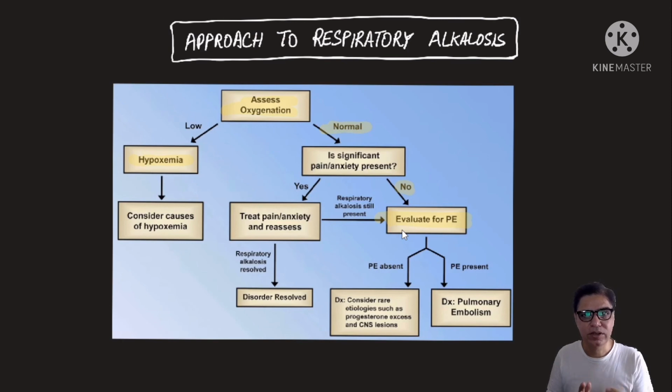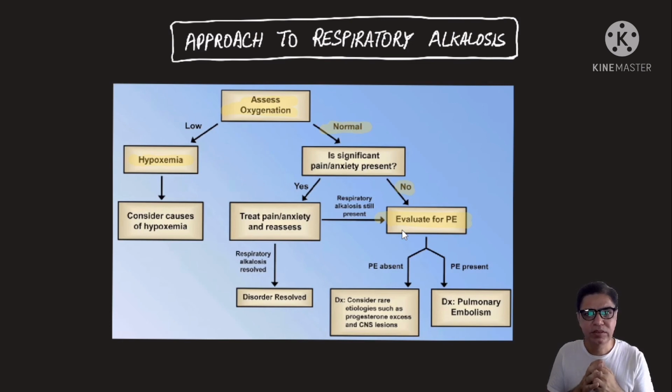The fifth step is to calculate the delta ratio or the delta gap. The delta ratio is simply the change in the anion gap, that is, anion gap minus 12 divided by 24 minus your measured bicarbonate level, and then you see whether it is 1, less than 1, or greater than 1. If you can't calculate it, then you would go for the delta gap.